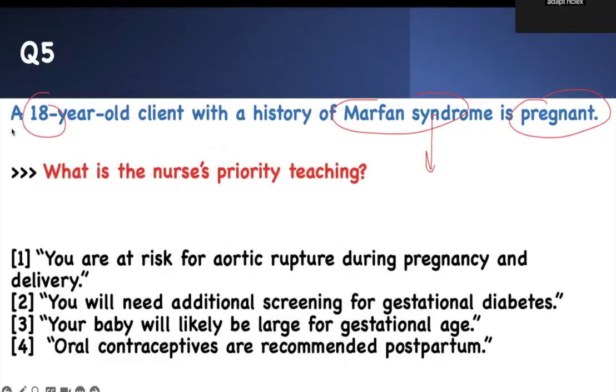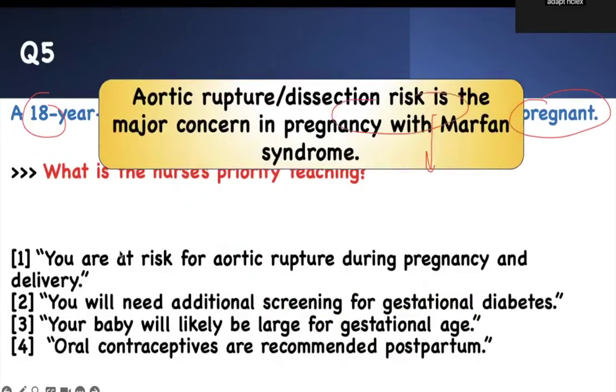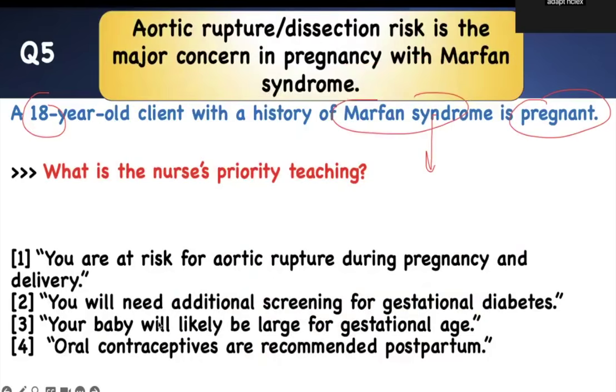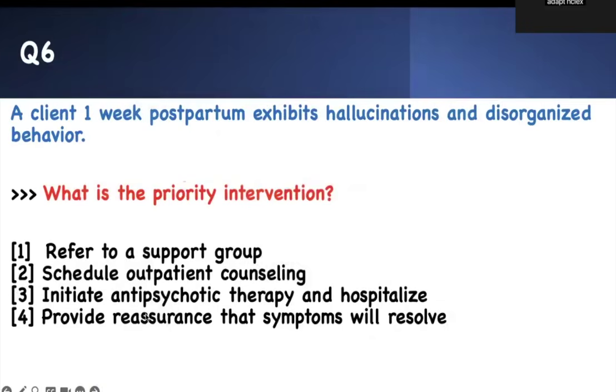And therefore, that should be what the nurse prioritizes so that when they're ready to deliver, they have everybody available to help. Therefore, number 1 is the right answer. Aortic rupture and dissection risk is the major concern in pregnancy with Marfan syndrome. This is the key that you have to pay attention to for that question.